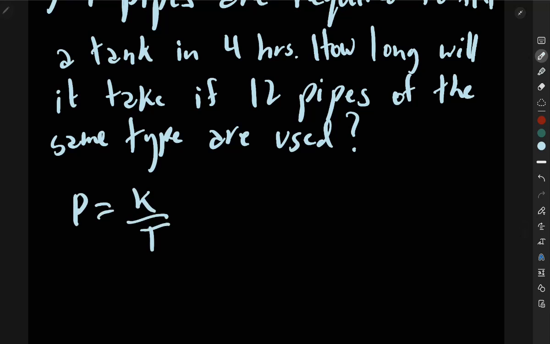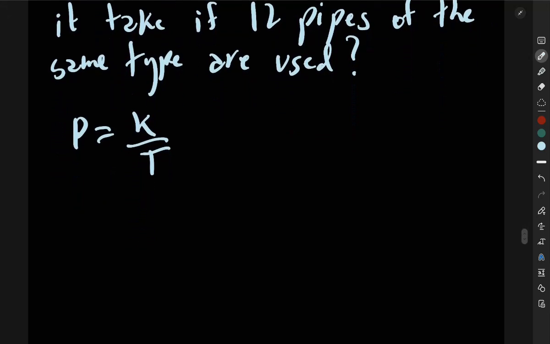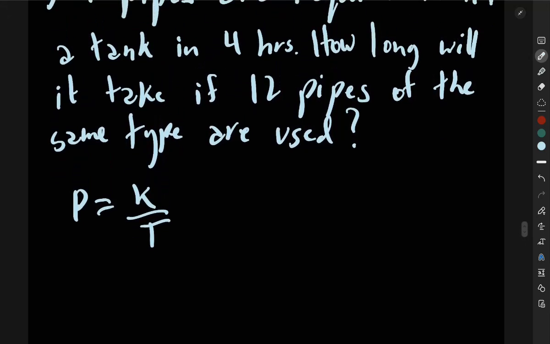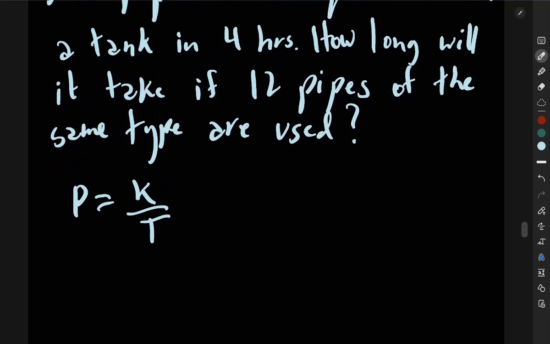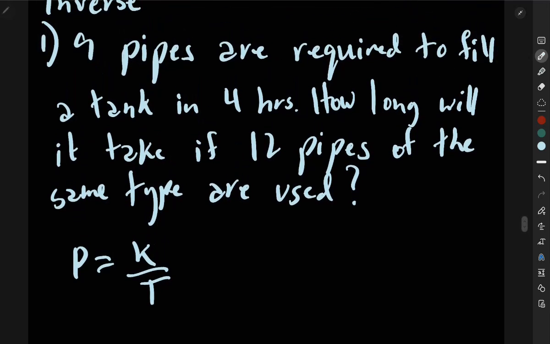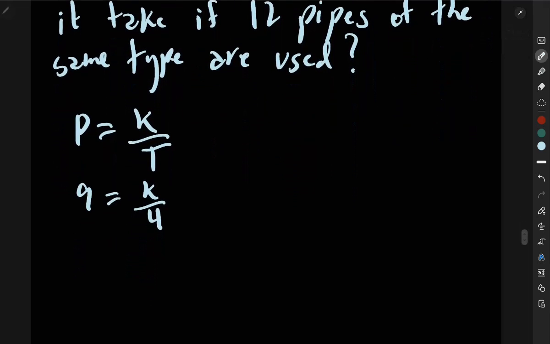This is inverse, so that's why the t is at the bottom of the constant k, because it's inversely proportional. Now it's given that if there are 9 pipes, it takes 4 hours. So 9 pipes and then k over 4 for 4 hours.